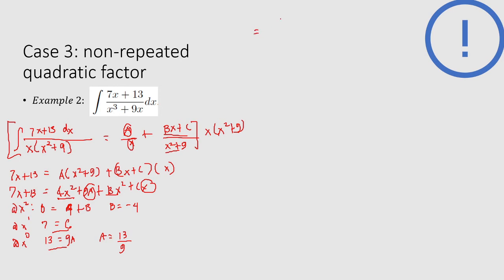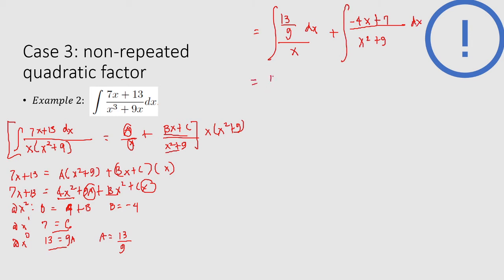So this is A, or 13 over 9, all over x dx plus Bx plus C, so negative 4x plus C is 7, all over x squared plus 9 dx. So separate that one.